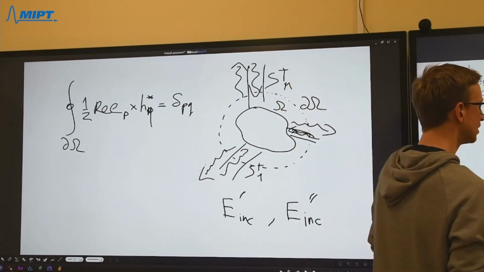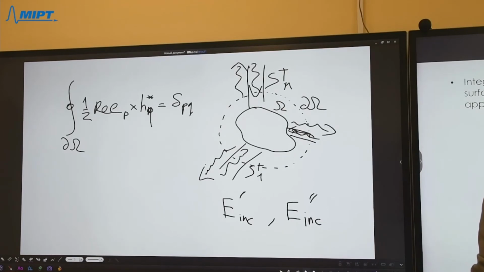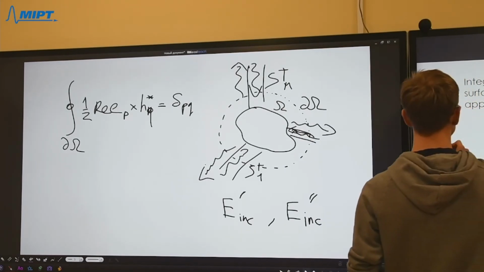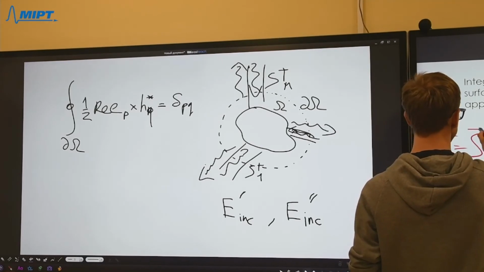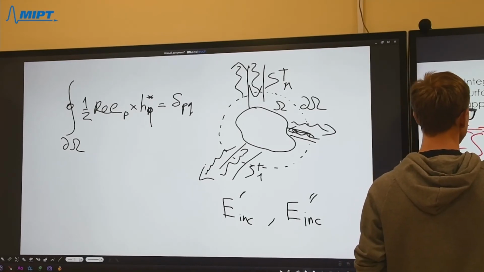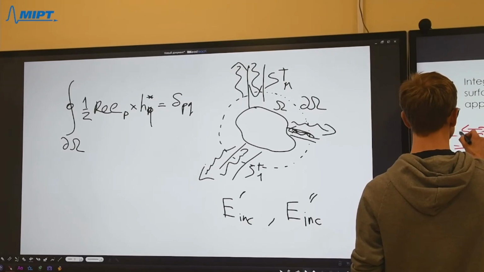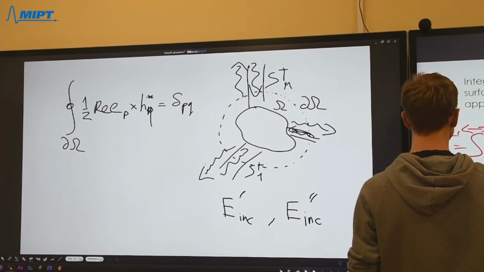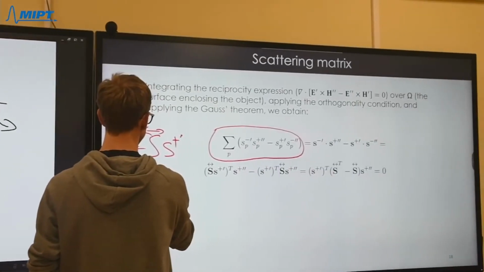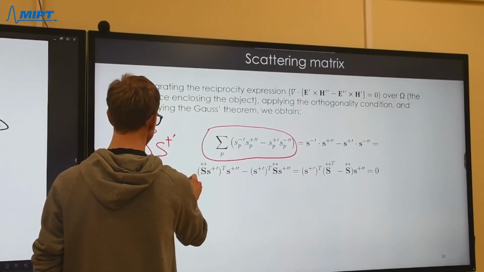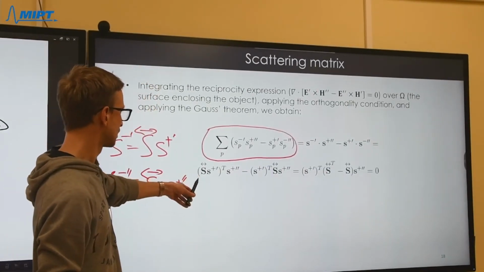And then we recall that outgoing amplitudes can be obtained simply with the action of the scattering matrix for prime and for double prime. S acting on S plus double prime, this step.